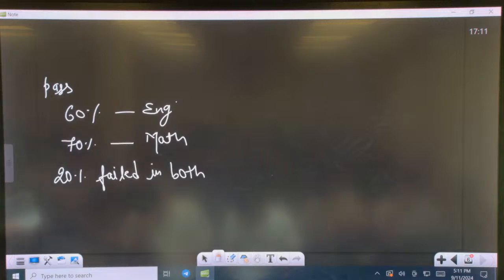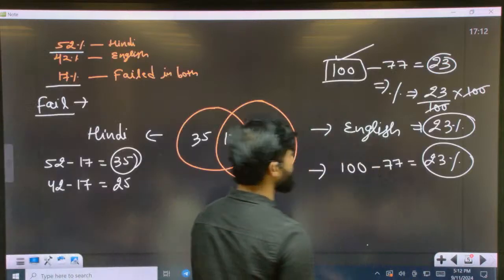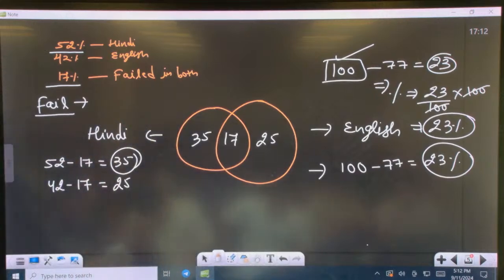Do the question. This question can be done by the same approach as the previous one. So that was the previous one right in front of you. If you want to take some hint, then you can take it. Find the number of students appeared in the exam. I'm repeating the question. 60% passed in English, 70% passed in mathematics, but 20% failed in both.